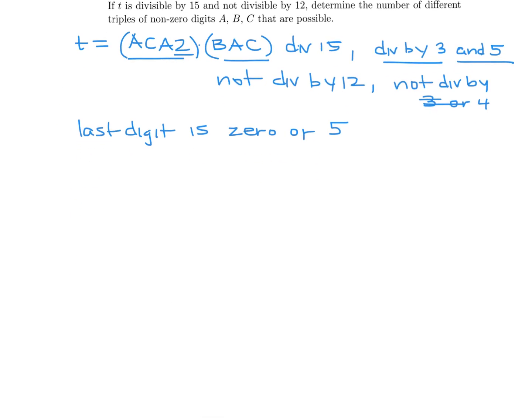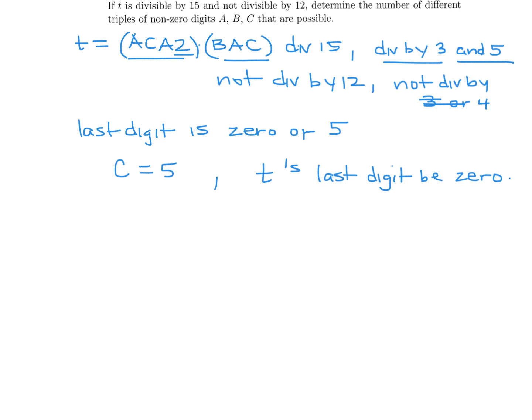Because I was about to say, well, C could be 0, but no, it's non-zero. So you're going to have to multiply 2 by C to get a 0 or a 5. You can't get a 5 because 2 times something will not equal 5. But 2 times something could give you a 0. 2 times 5. Yeah. Okay, so T's last digit would therefore be a 0.